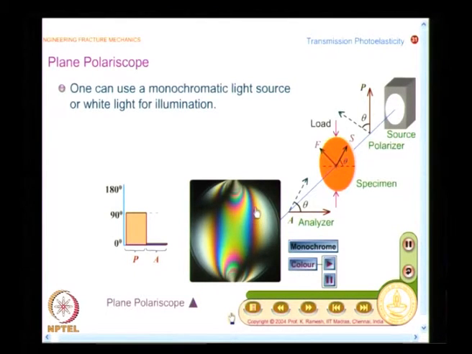Now, I find one set of contours is colored, while the other two contours that we saw still remain black. We will spend some time looking at this again. We will go to monochrome.